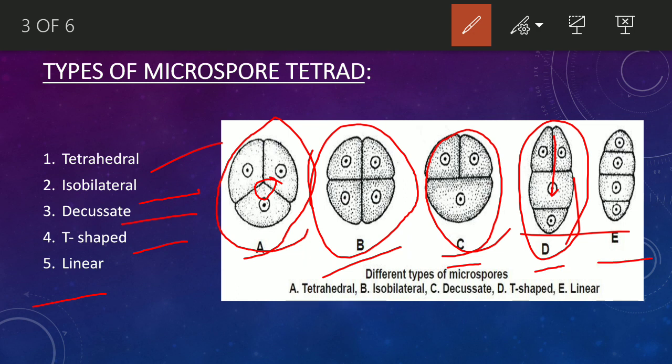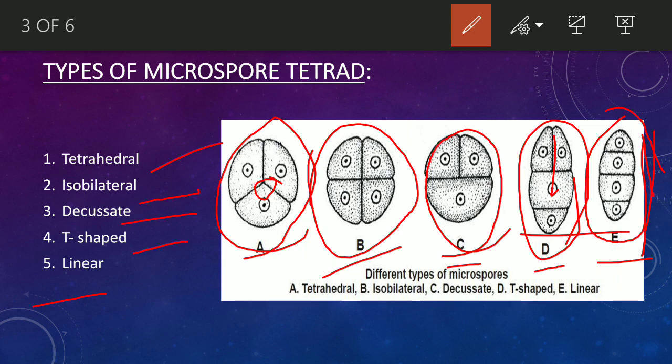The pollen grains are arranged in a linear fashion in such a way that each microspore remains adjacent to one another.